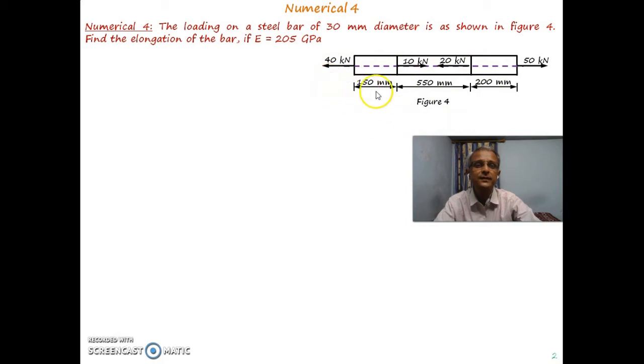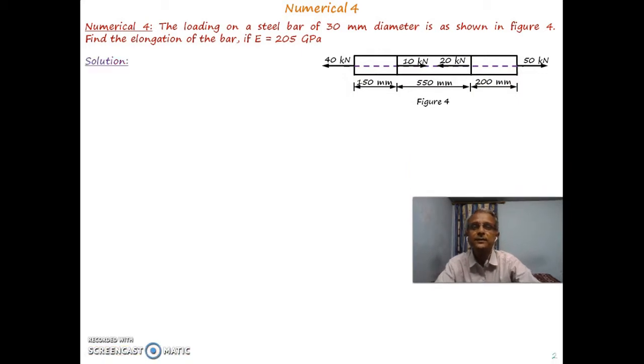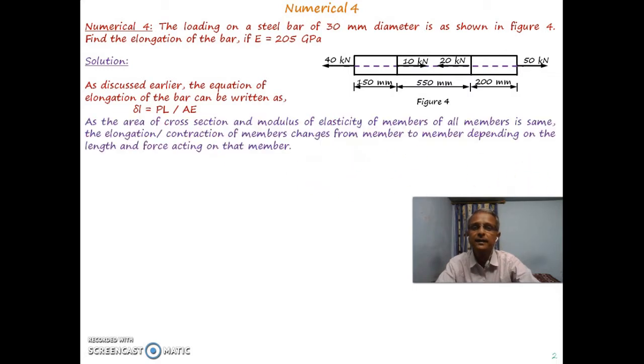While analyzing what we did in the last lecture, we considered different segments, and we considered that each segment is under equilibrium. We are aware that delta L is equal to PL over AE, and then it was modified further as delta L1 plus delta L2 plus delta L3.